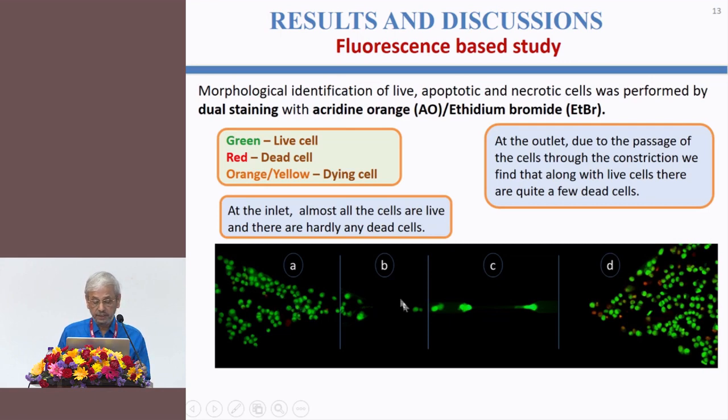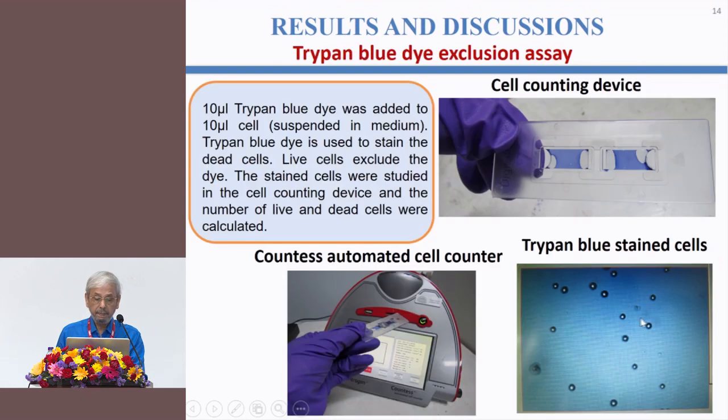These are all live cells. This is B and C is the transit zone, and D is the zone where again we get all the cells back, but here you can see basically some live cells, some apoptotic cells which are basically dead cells, and some necrotic cells which are dying cells about to die.